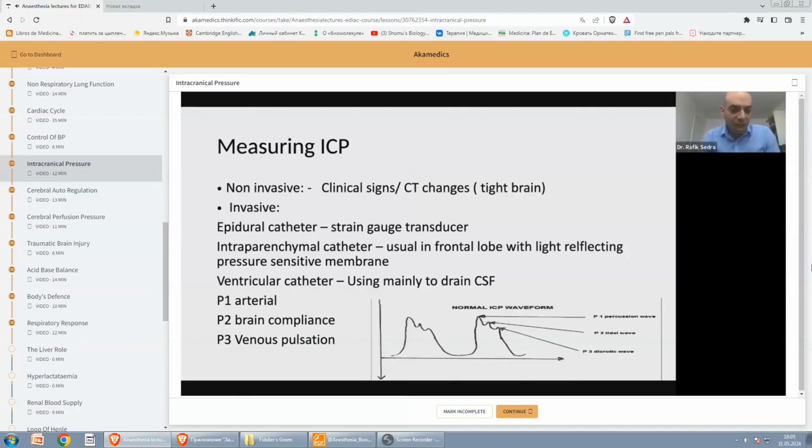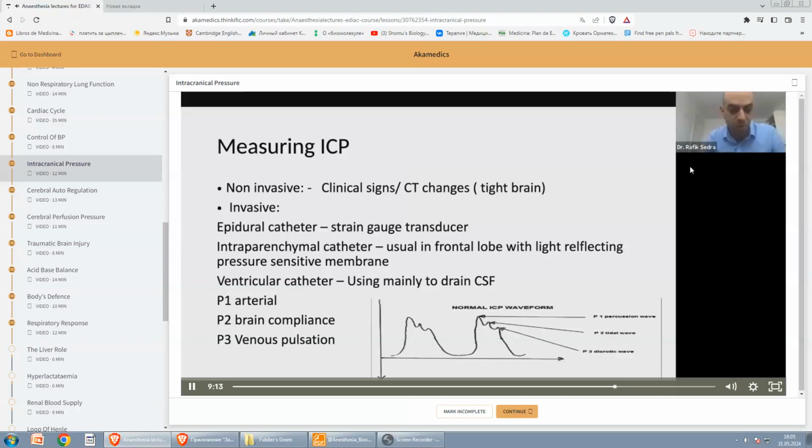It is pressure sensitive, with a transducer that transduces the pressure in the frontal lobe of the brain to the monitor, and you can see the pressure. Or you can use a more invasive method, the ventricular catheter. You can put a catheter in the ventricle, which we mainly use in patients with hydrocephalus to drain the CSF. You can measure the pressure as well. This is the way to measure the ICP.